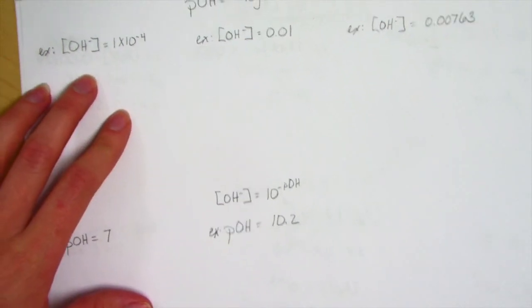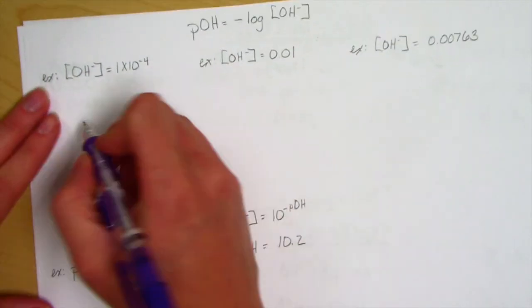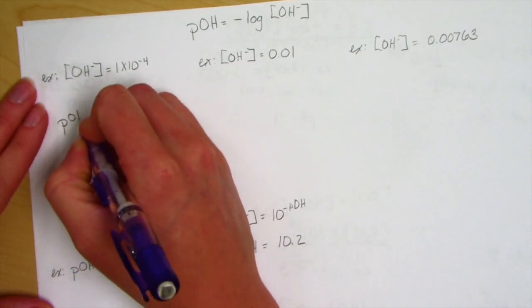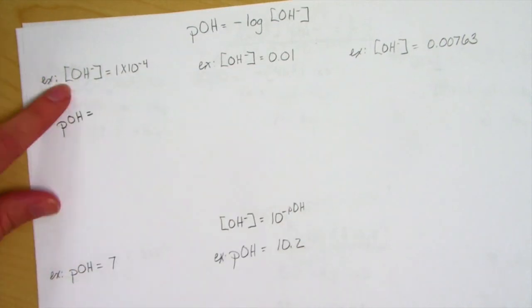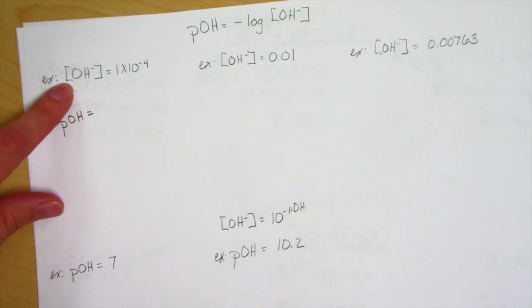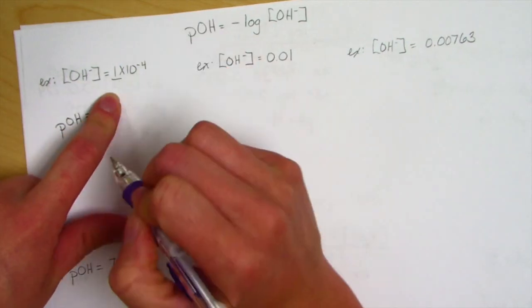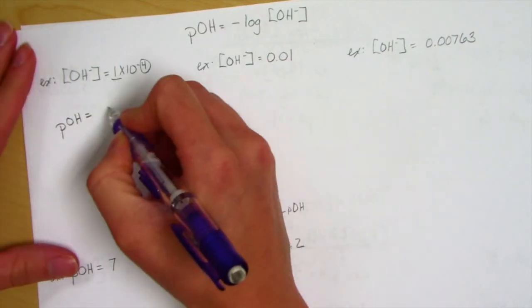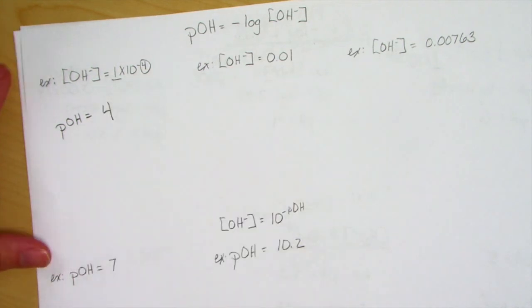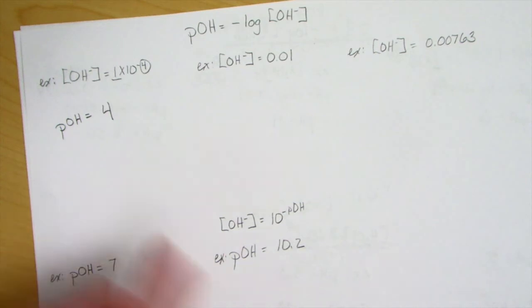Doing the exact same things, if we want to find the pOH when we have an OH minus concentration, and again we have the 1 here and a whole number here, it's simply just that whole number. So if the concentration is 1 times 10 to the negative 4th, we are looking at a pOH of 4.